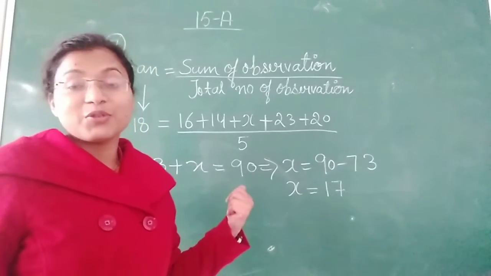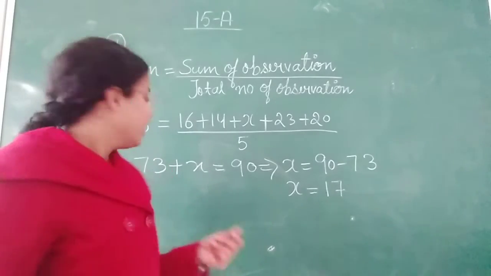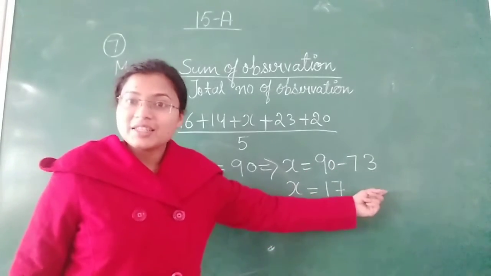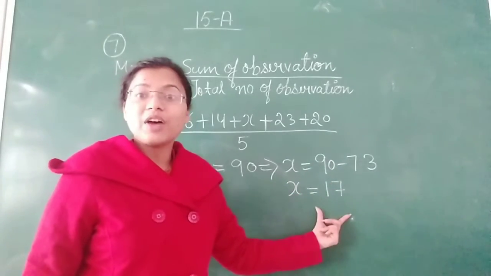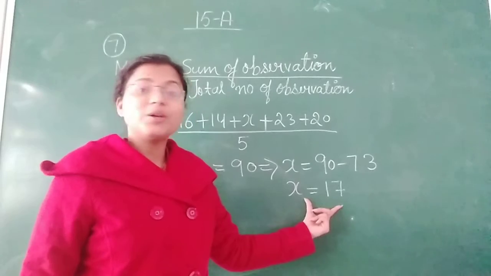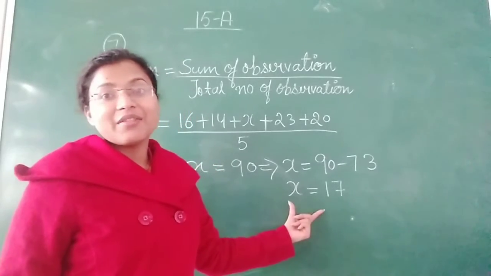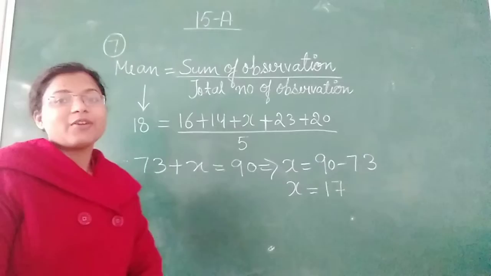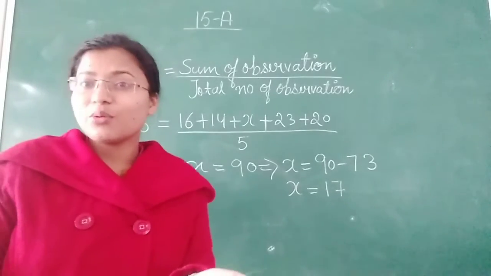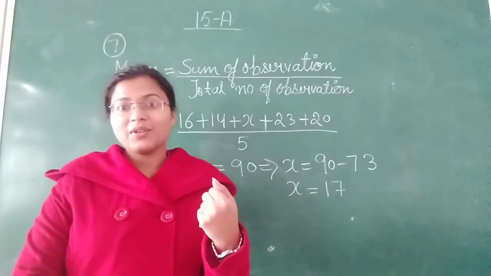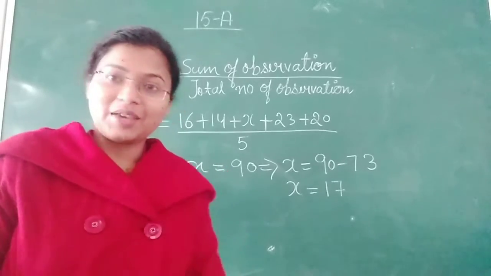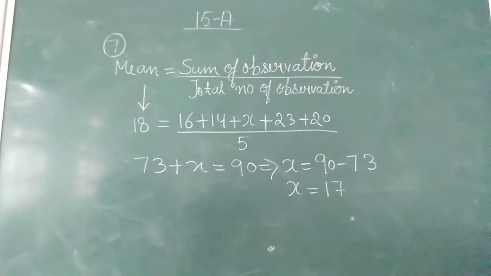From this you have to just find out the value of x. So just transfer it. x is equal to 90 minus 73, which will give you the value of x, and that will be 17. That means 17 is the value of x. The same procedure we have to follow, but in this question the mean value is given and one variable is given, but the procedure will be the same. So this is the solution.